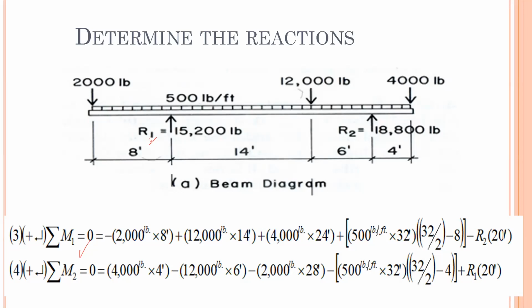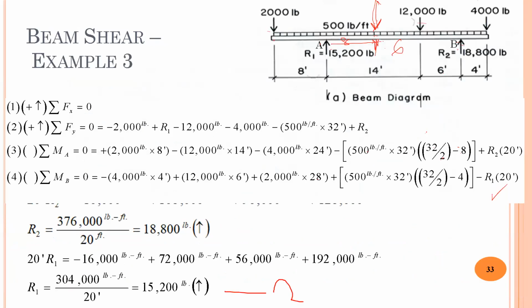I'm going to point out something to you guys. In this one here, this moment expression is written, I borrowed it from somewhere. They use a different convention. They are using clockwise as positive. I didn't realize. Let me check if the others are like that. I think I modified them.